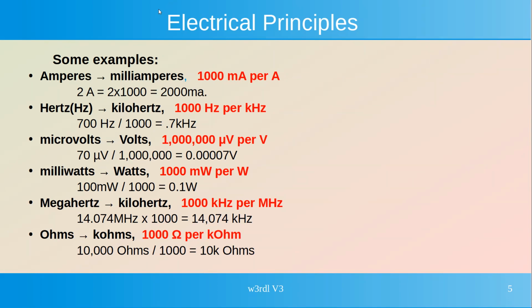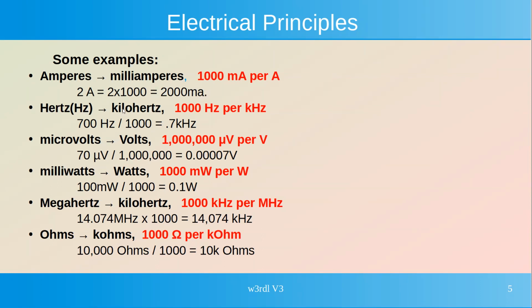Some examples: if I wanted to go from amperes to milliamperes, I know that there's 1,000 milliamperes in an ampere. So if I have 2 amperes, it's 2 times 1,000 or 2,000 milliamperes.